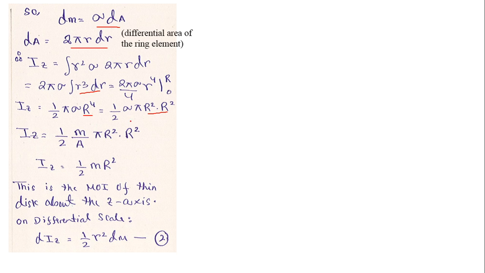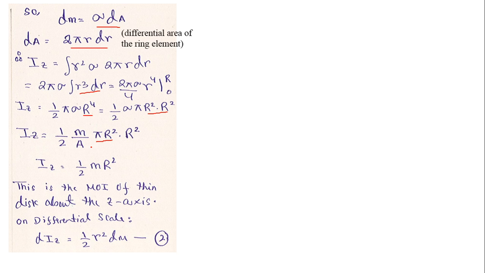And why have I written this? Because I know that this sigma was equal to the mass per unit area of the disk, and this pi R square is the cross sectional area of the disk.